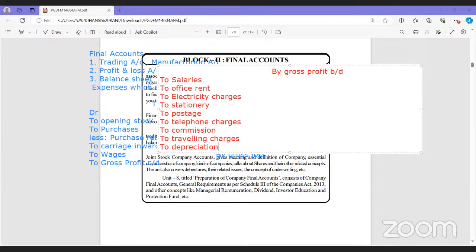What is depreciation again? Depreciation is nothing but decrease in the value of an asset. For example, you purchased one refrigerator 10 years back, the same refrigerator's value now will be different. And if I want to sell that refrigerator also, its value has decreased. Why? Because we are using it daily, we are opening the refrigerator, power fluctuations.